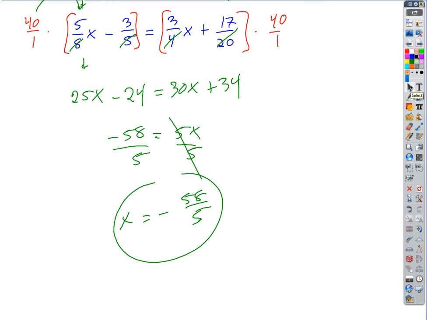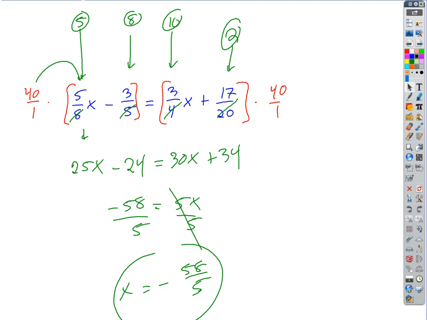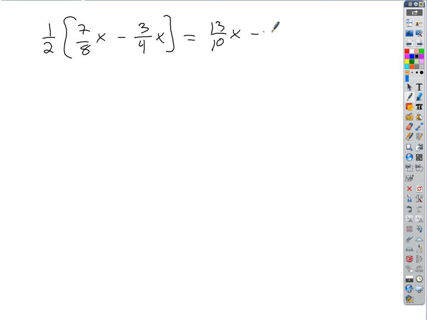You know what occurs to me? Maybe I ought to do one more quick example with this. How about... Okay, what about this one?